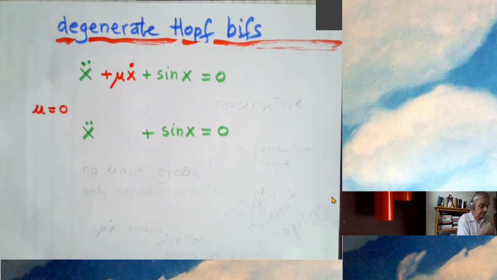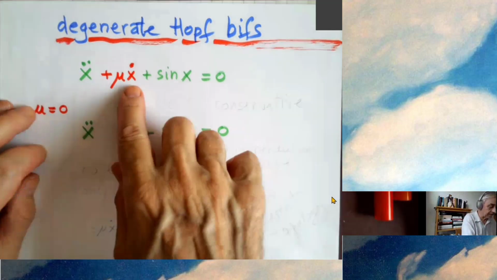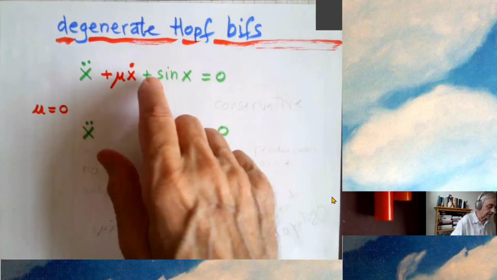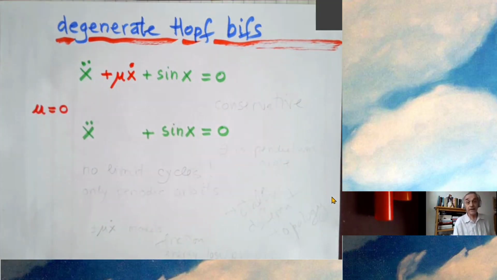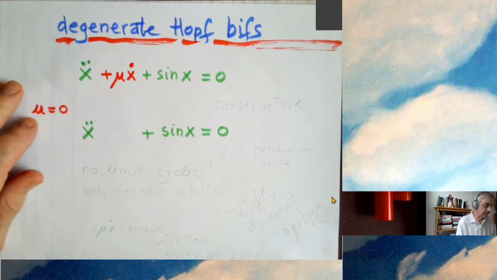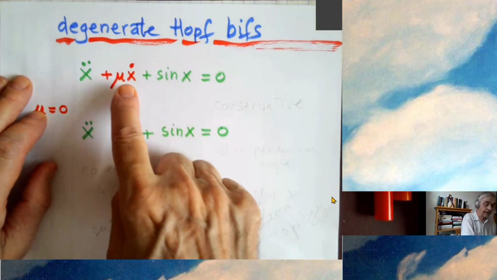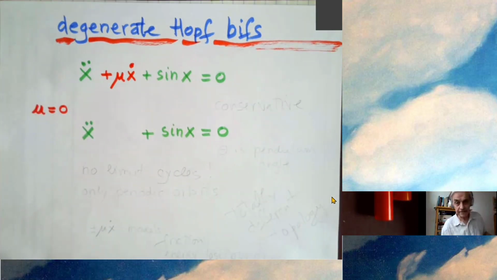So the way you introduce dissipation in such a system is you add a term where you're losing energy. If you compute the energy function from this, you're losing energy or maybe gaining energy depending on the sign of this guy, proportional to velocity. And there are many phenomenological reasons why this is a good way to think of friction.